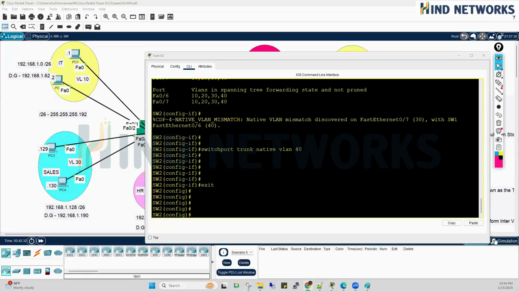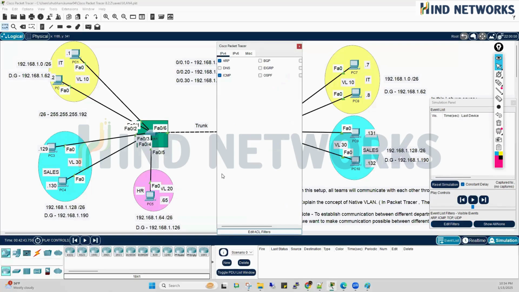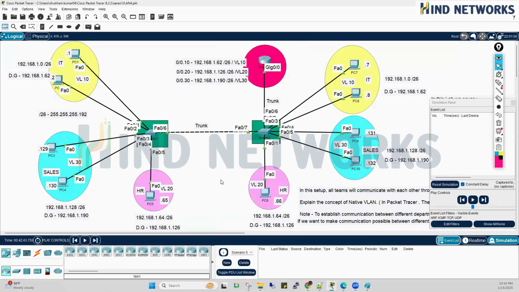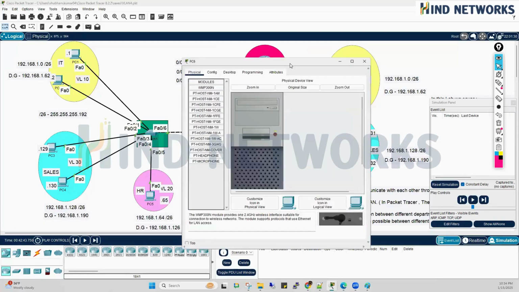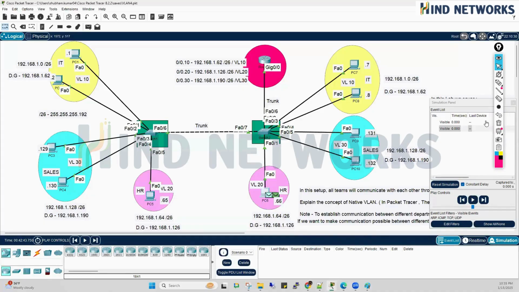Done, guys? Now see very carefully. Let me check if we can do something. I'm writing ping 192.168.1.1. So I am pinging from here to here.